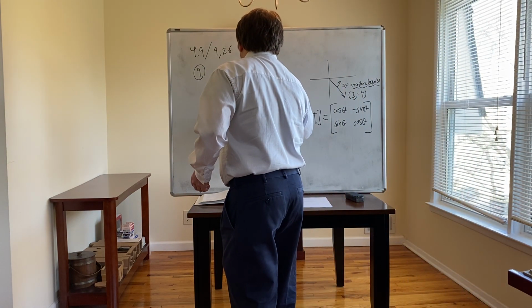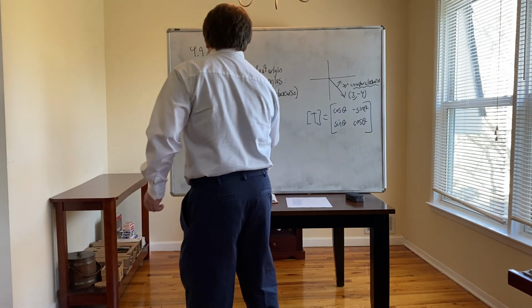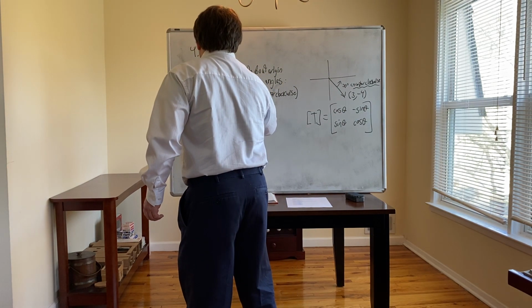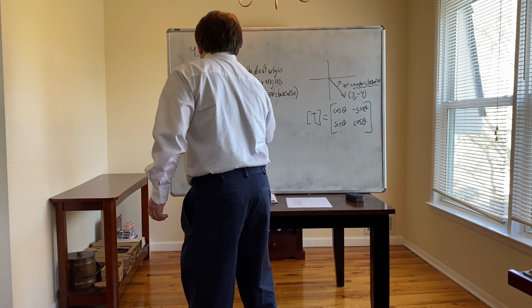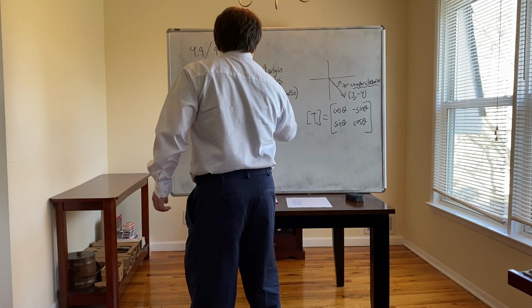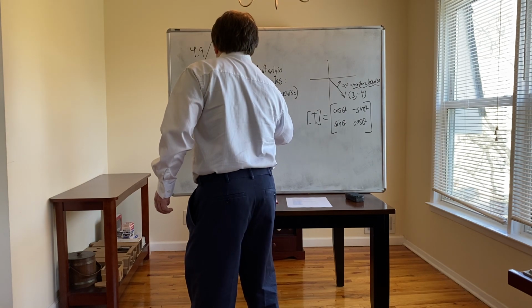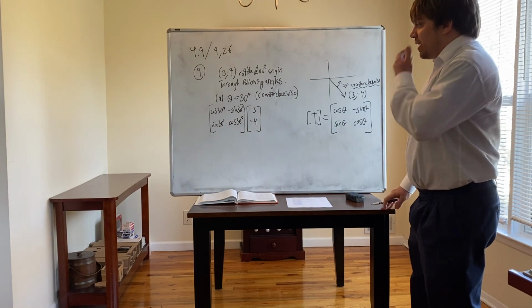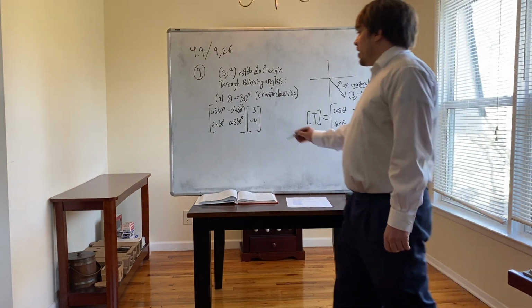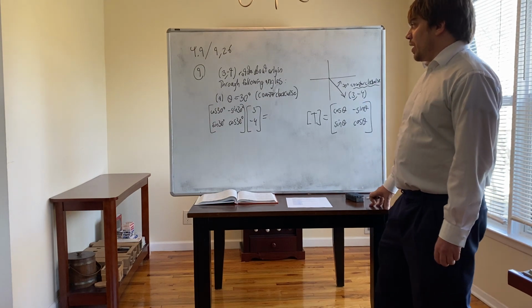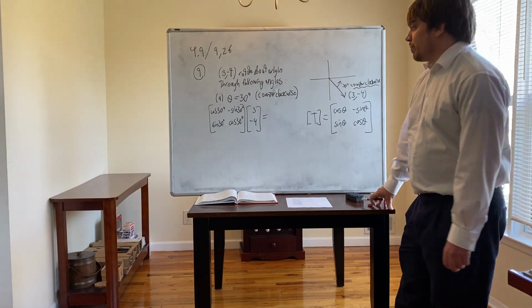So for instance, here you have 3, negative 4, and you left multiply it by that matrix, where theta is 30 degrees. So that would be cosine 30 degrees, sine 30 degrees, and the second column would be negative sine 30 degrees, cosine 30 degrees. And that will tell us the result of taking that vector 3 comma negative 4 and rotating it counterclockwise 30 degrees about the origin.